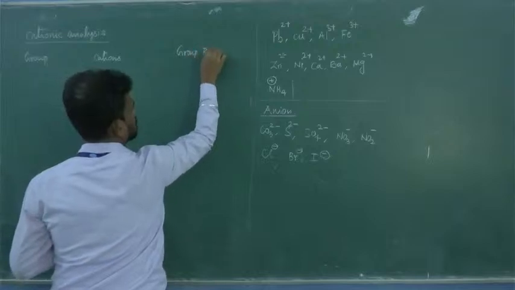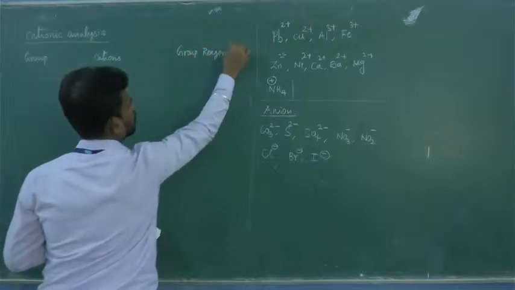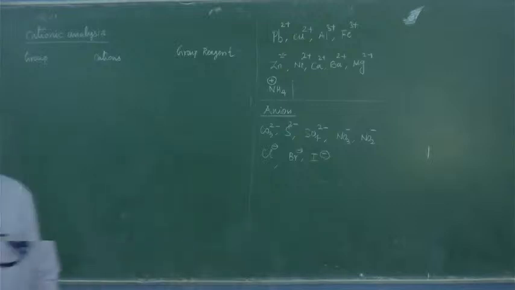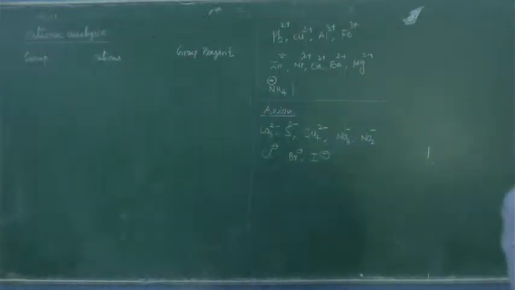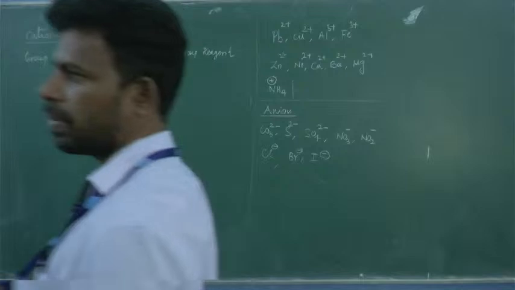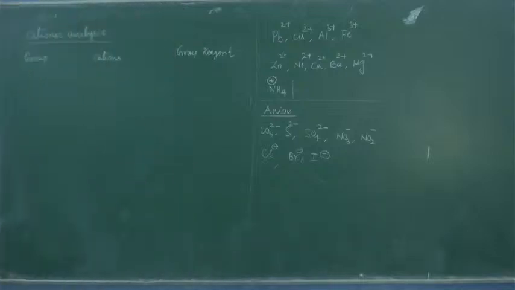Questions came up on this table. Last year also questions came from this table. Is it clear? So which cation comes under which group? Then I ask which cation comes in which group.